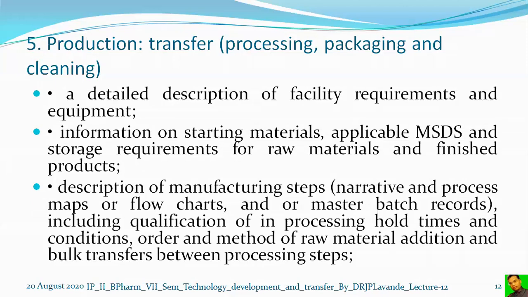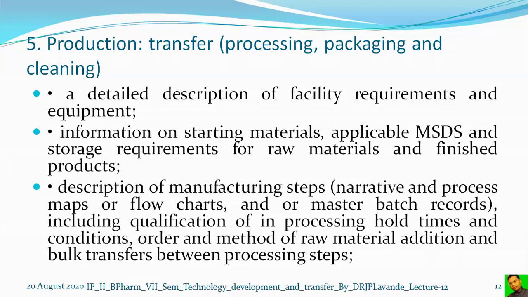What is MSDS? Material Safety Data Sheet. MSDS is M for material, S for safety, D for data, S for safety. Material Safety Data Sheets. Yes, the last S stands for sheets. And storage requirements for raw materials and finished products.